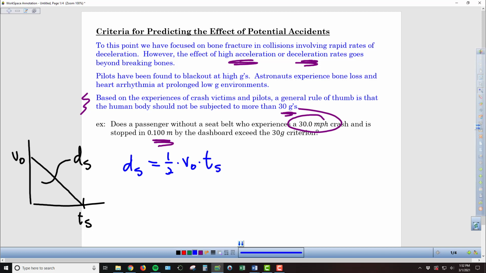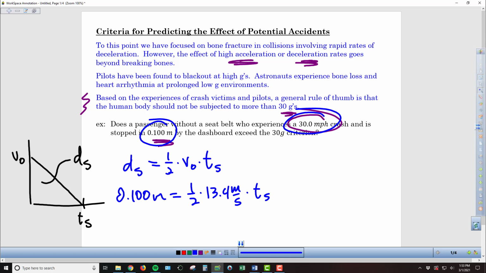So the question is, what is that stopping time? Because we know the stopping distance, that's our 0.1 meters, and we know the initial velocity. It's this 30 miles per hour, which if we convert to SI units, hopefully this is a familiar number at this point since we've been using it throughout the entire chapter, is 13.4 meters per second.